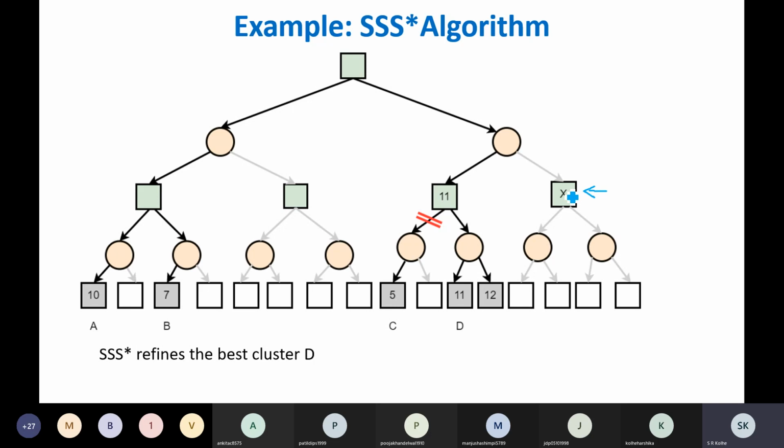Okay. If it is less than 11, then and only then is that useful, otherwise the algorithm will ignore that value. So 11 is the upper bound on cluster D. Understood up to this point?